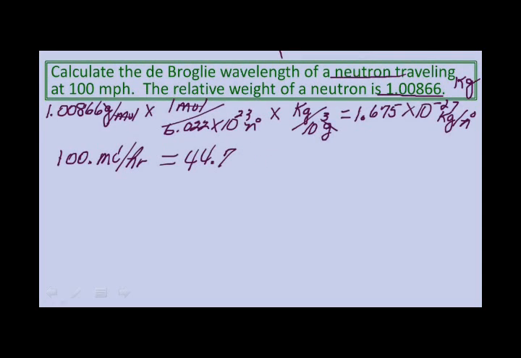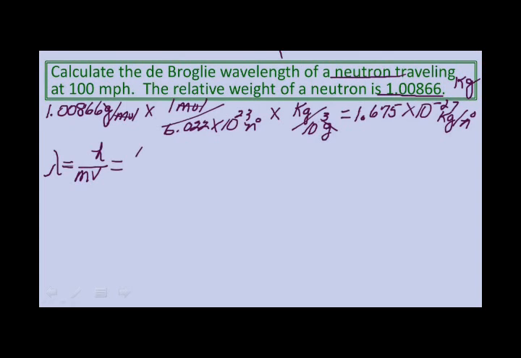And I'm going to come back here, and I'm going to erase all of this. Now I'm going to use lambda. And lambda is equal to Planck's constant over the mass velocity factor.